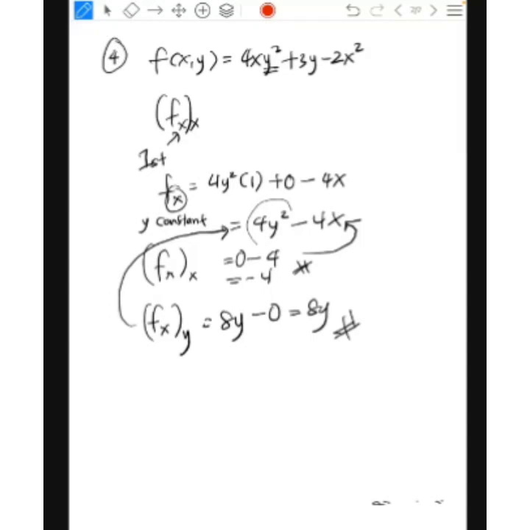Okay, so question number 5 also the same. You have to do it yourself. Okay, but then the question number 5, saya kena tunjuk because it has exponent xy.